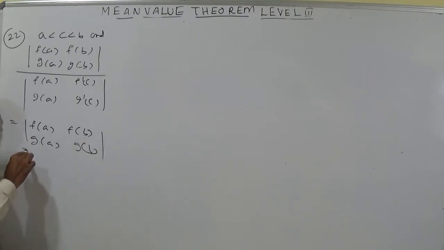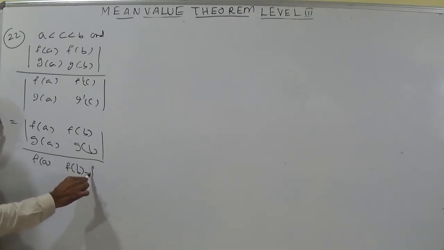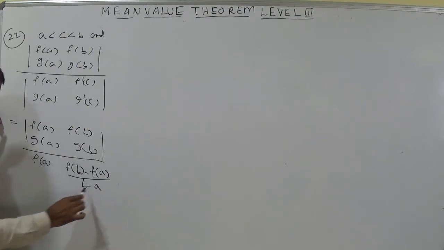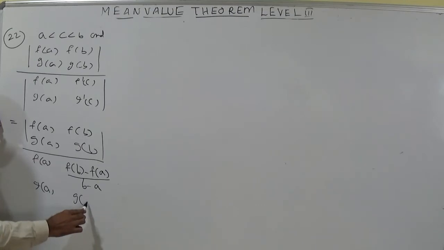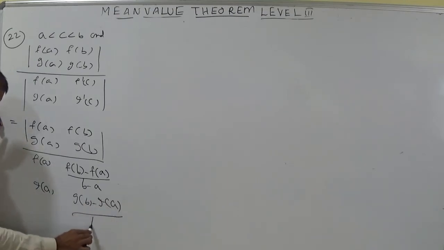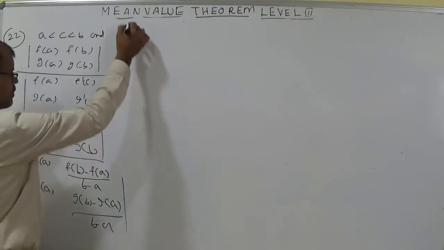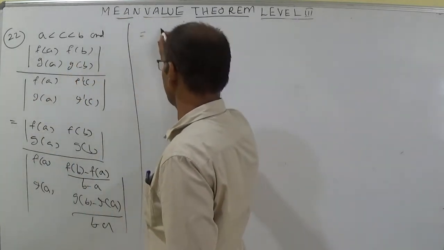In the denominator we can write f of a, and here the formula f of b minus f of a whole by b minus a. Here g of a, and the formula g of b minus g of a whole by b minus a. According to the determinant property, we can take 1 by b minus a common in the denominator.